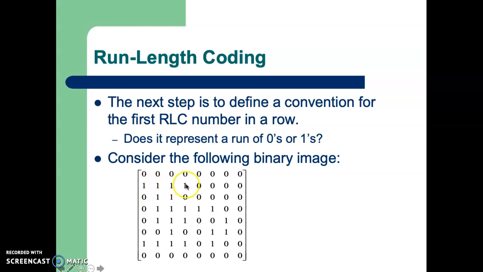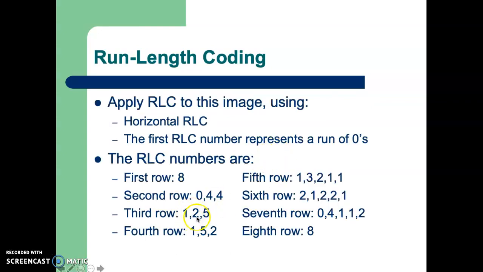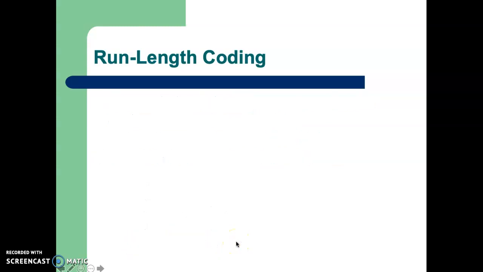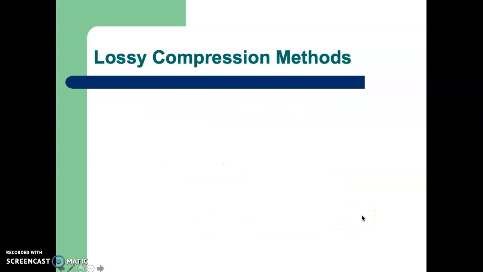Then 0, 4, 4. And then 1, 2, 5, and keep continuing until this last row. For this row it means 0, 4, 1, 1, 2.